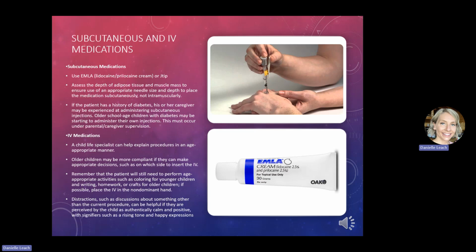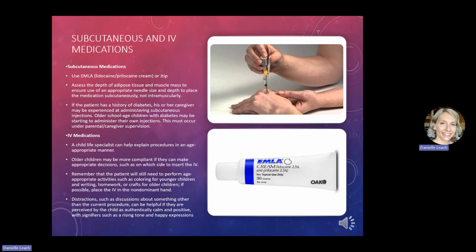So we want to be able to apply this at least 45 minutes before we are going to do the injection. So it is something that's not in an emergency situation, something you have to plan ahead for. Basically, the longer that is in place, the deeper it will penetrate. So 2 hours is actually best for an IM injection, but at least 45 minutes.